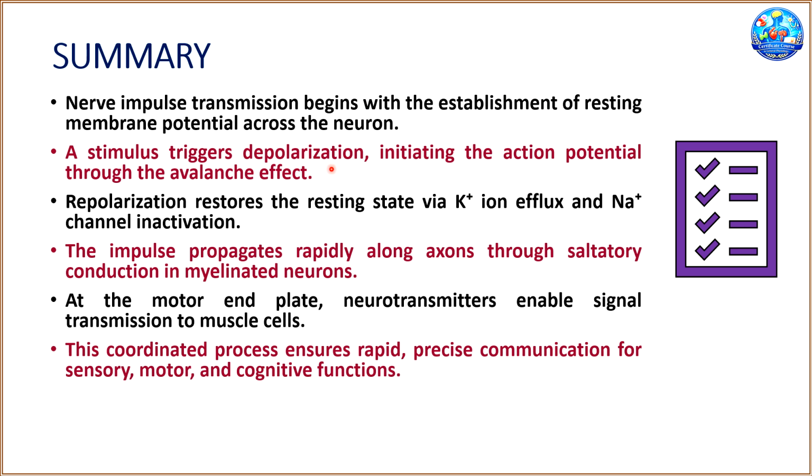Then repolarization is initiated, which restores the resting state. We see that there is initially a lot of sodium ion influx and potassium channel inactivation taking place. Then the impulse propagates rapidly across the axon through saltatory conduction in myelinated neurons.